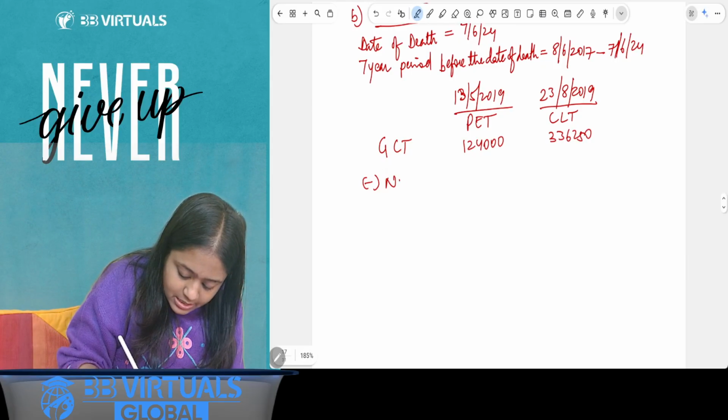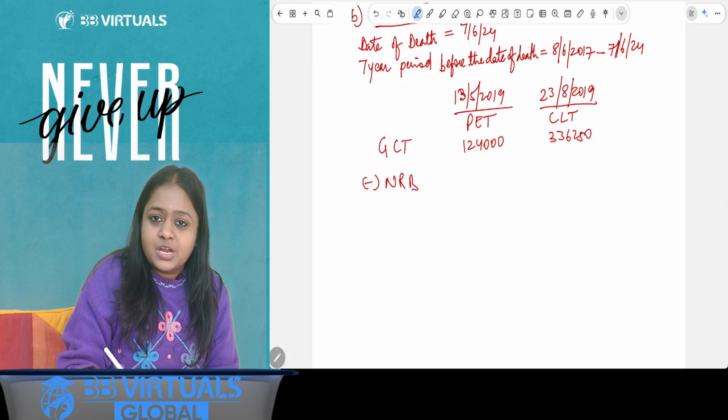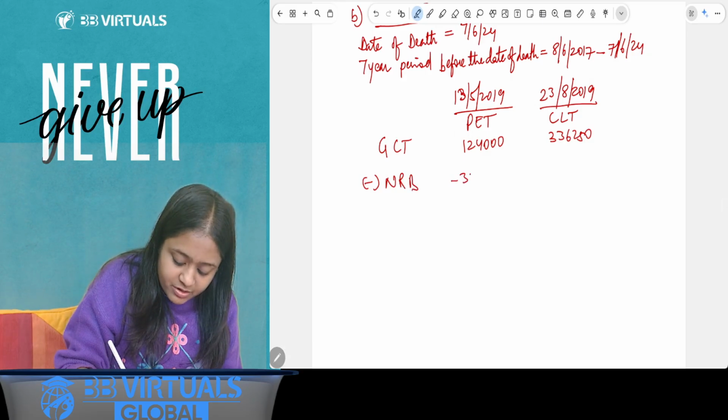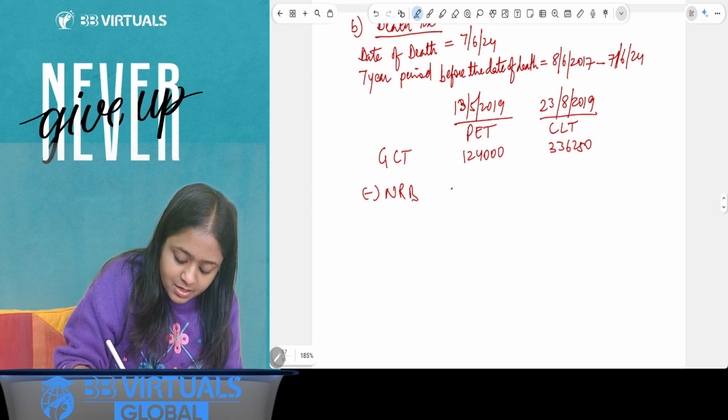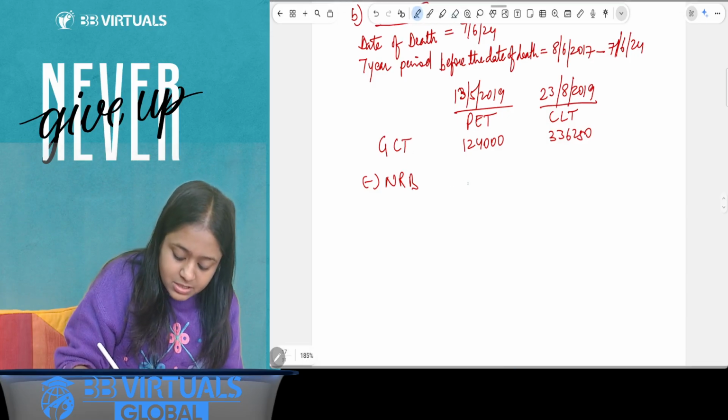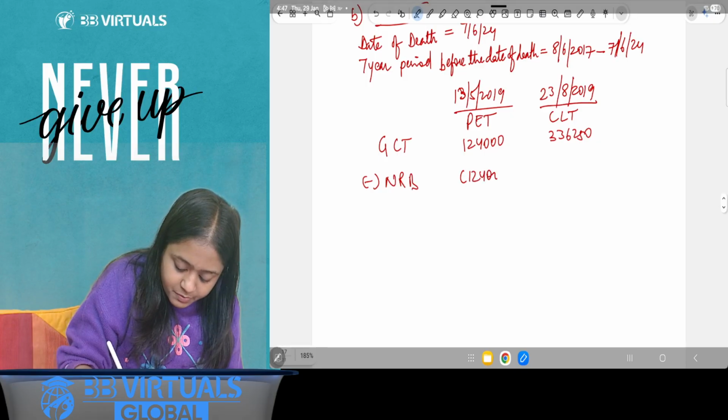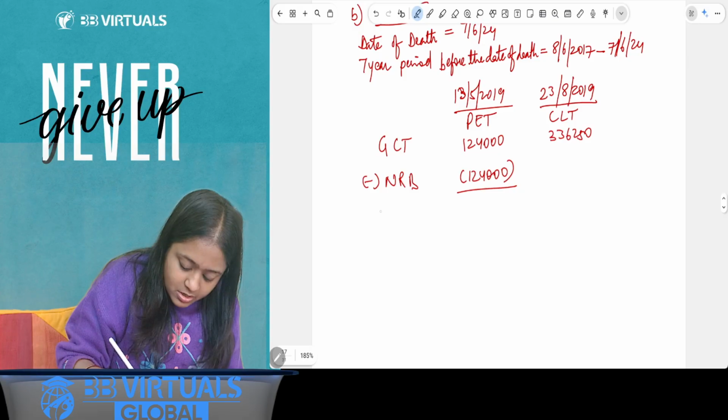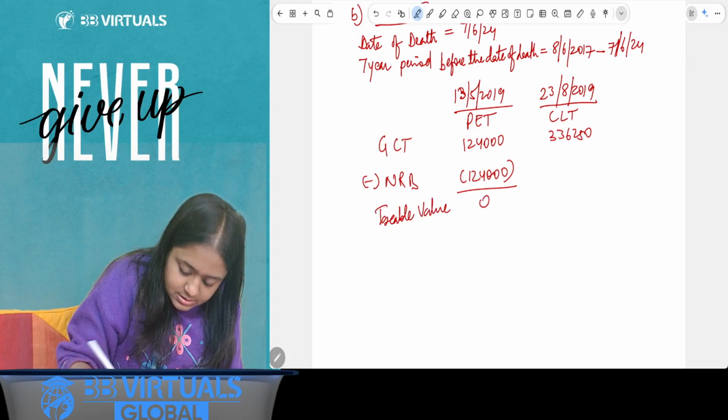Now I will reduce NRB. This is the first transfer. There is nothing to be reduced, so we will reduce full 3,24,000, and you can see it is fully covered here. So I will not reduce full amount. I will reduce negative 124 because we cannot have a negative value. So taxable value here will be 0.